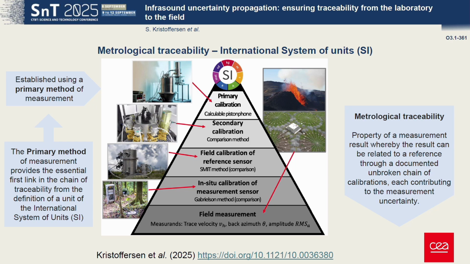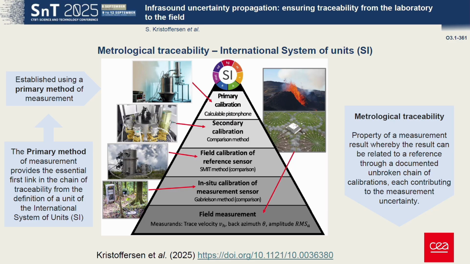And so the idea with metrological traceability is that we have these various levels: primary, secondary, field calibration, and finally in situ or on-site calibration of our sensors that allow us to have a traceable calibration back to these SI units, pascals in this case.